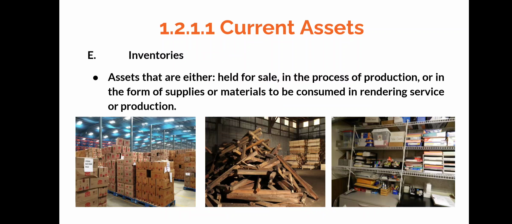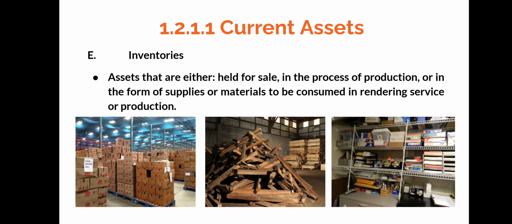Inventories are assets that are either held for sale, in the process of production, or in the form of supplies or materials to be consumed in rendering service or production.